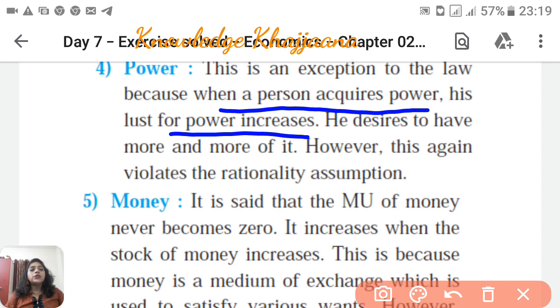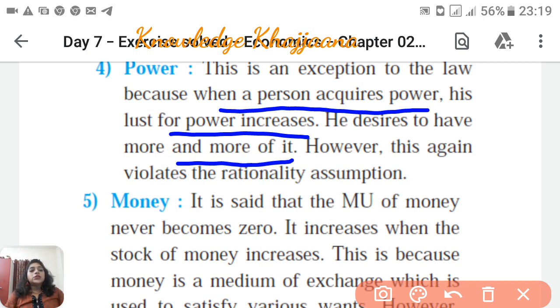For example, at the start he is a common man, then he wants to become a corporator, then a corporator in the municipal area, then an MLA, then an MP. Like this, his lust for power increases. He desires to have more and more power.